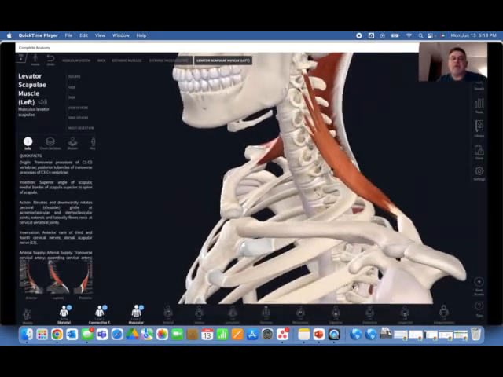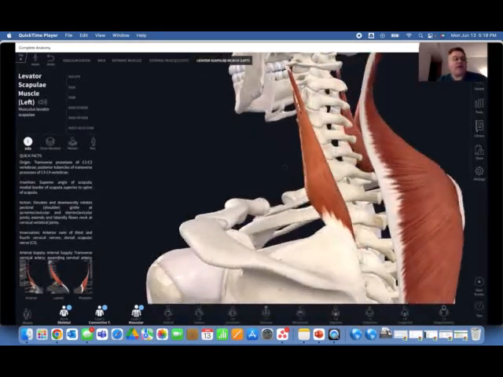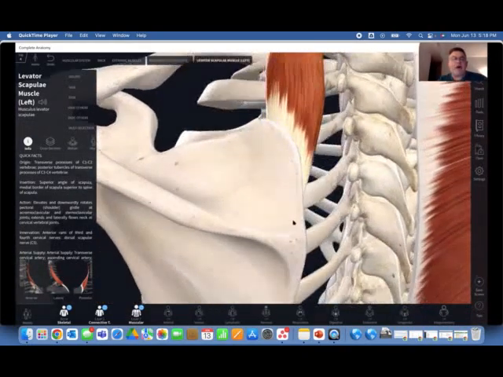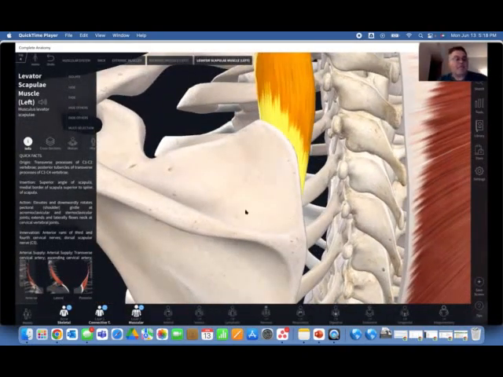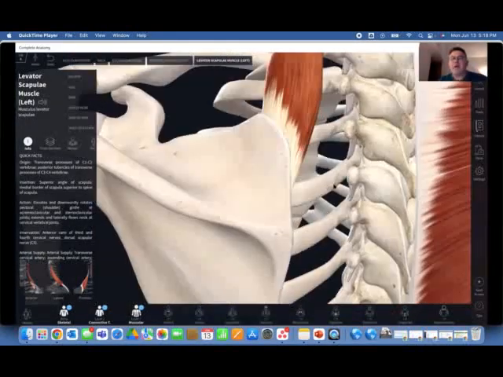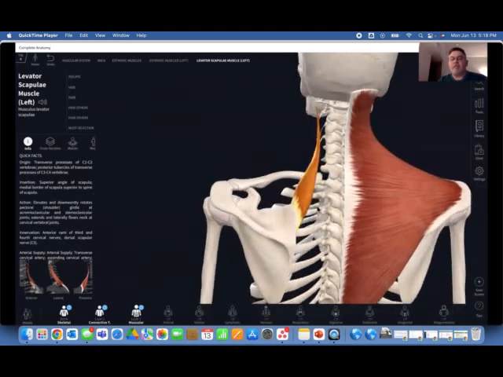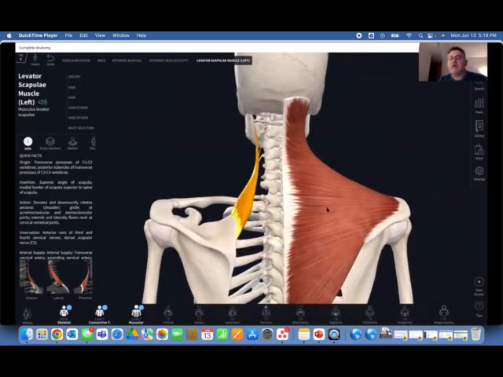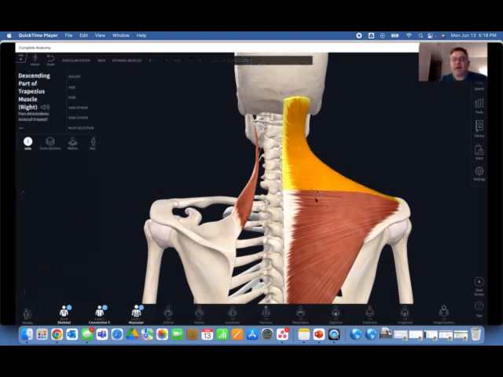So we've got 4 locations of origin, and it inserts into the superior angle of the scapula, superior to the spine of the scapula. This is a very common muscle structure that we see with any sort of dysfunction in that cervical thoracic, scapulothoracic, shoulder, neck series of problems that we deal with.